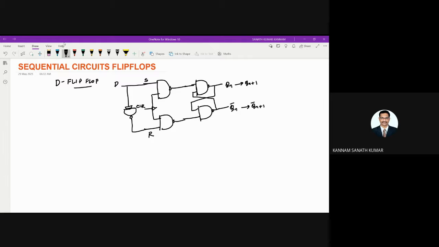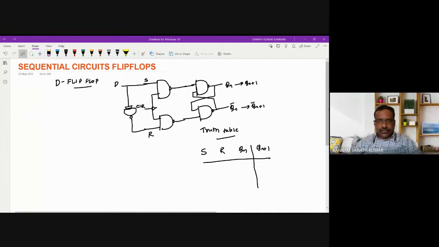If you see the truth table for the SR flip flop, we have already seen it: S, R, Qn and Qn plus 1. Whatever the present state may be, you don't know it.